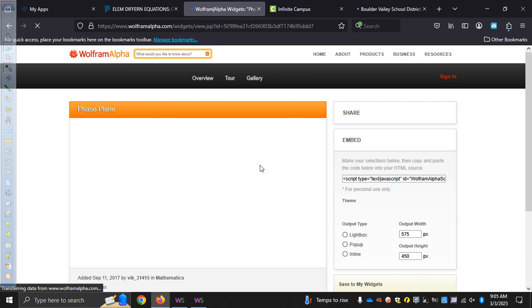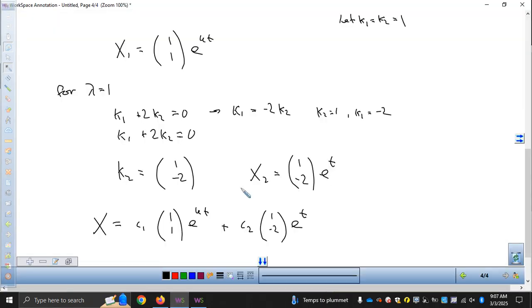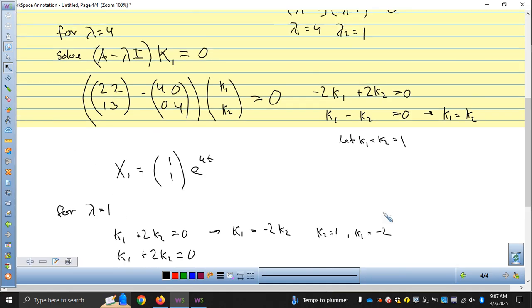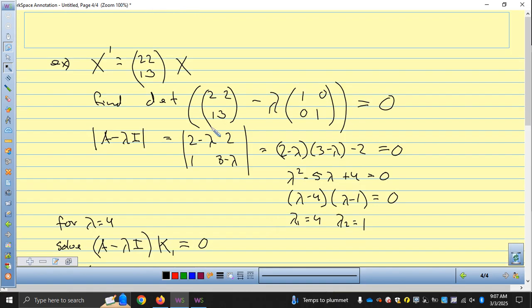All right, so for this widget, we're putting in our equations into equation 1 and equation 2. From what we had, let me go back. This is 2x plus 2y and 1x plus 3y. So that's what I'm putting in here.